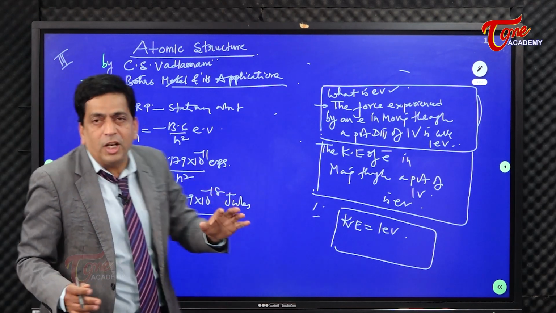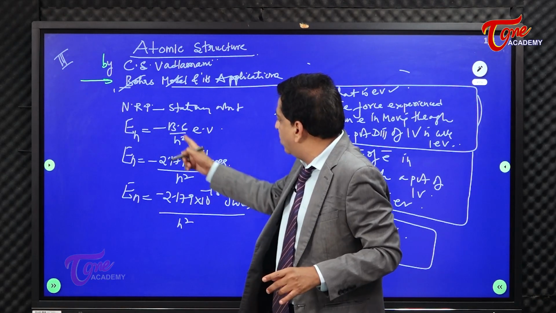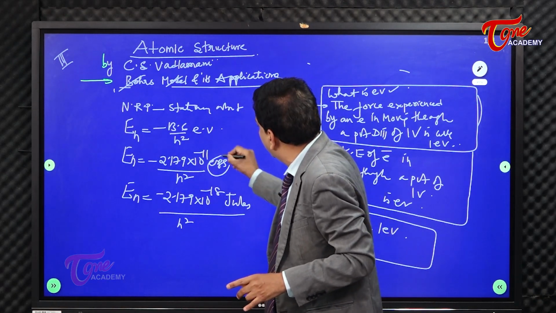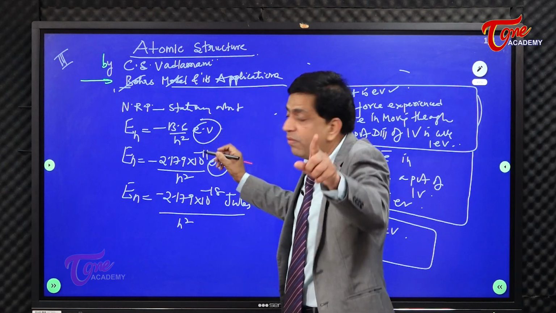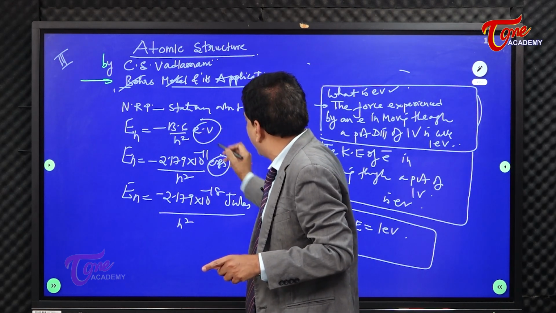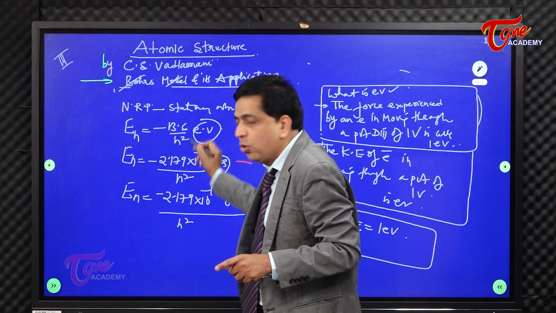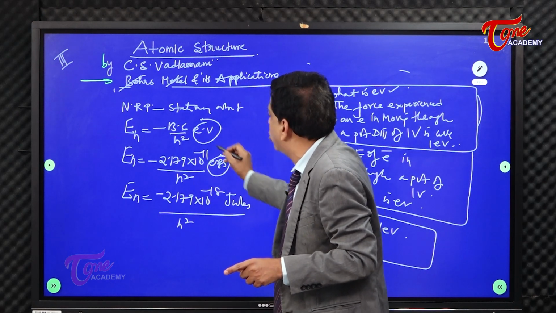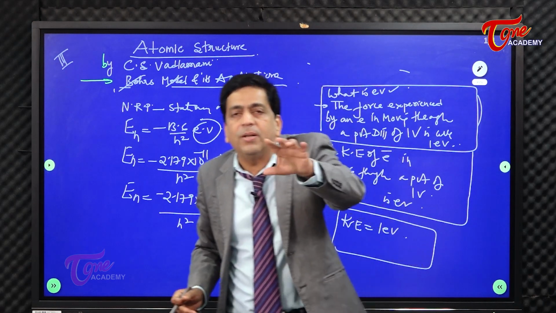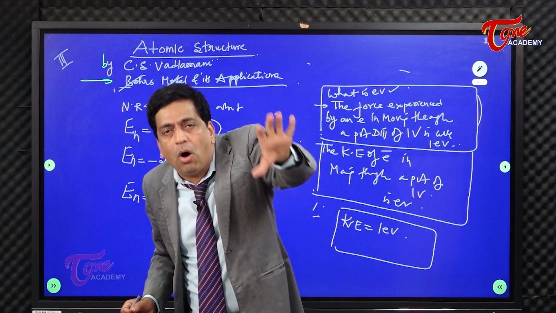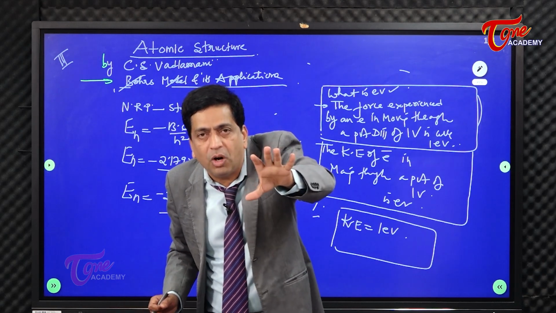And if you wanted to have a relation between these three, you equate this with this and you have a relation between the ergs and the electron volts. And if you wanted a relation between electron volt and joules, equate these two and you will find a relation between joules and electron volts. I have written the energy equations in all the units possible, right?